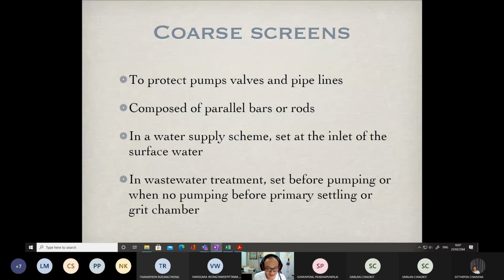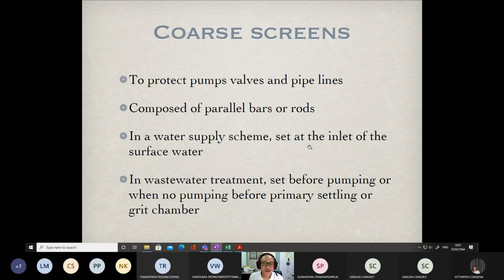So it's important. Not just that we are producing something supporting the communities, but this water needs to meet the requirements for food safety.